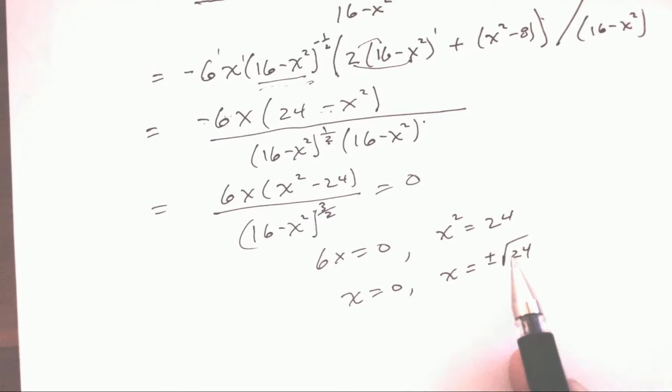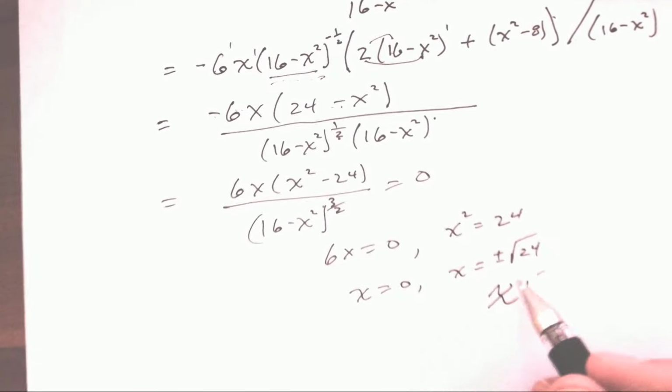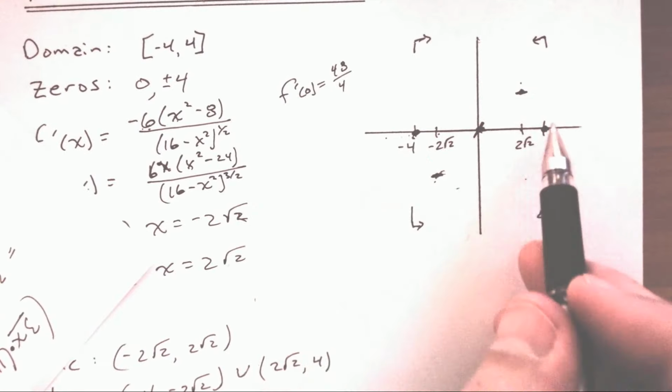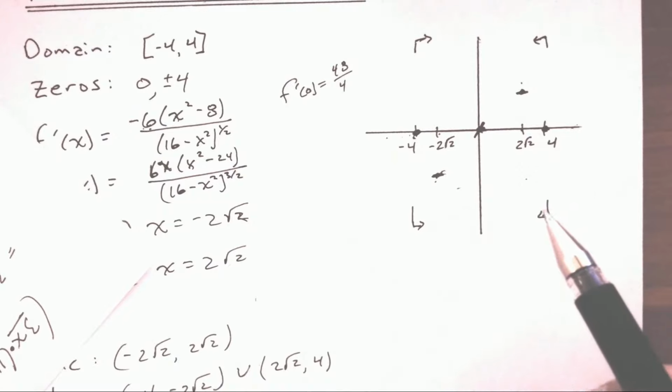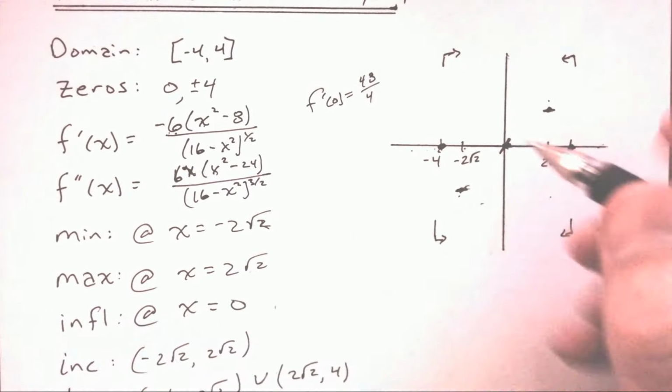But plus or minus root 24 is just a little bit less than plus or minus 5. And plus or minus 5 are beyond our domain in both directions. Therefore, my only inflection point is where we thought it might be at x equals 0.